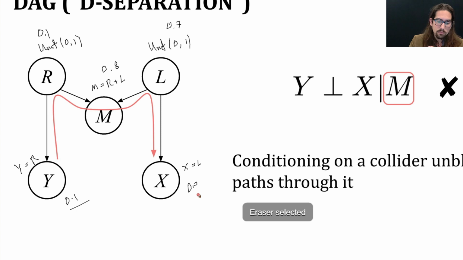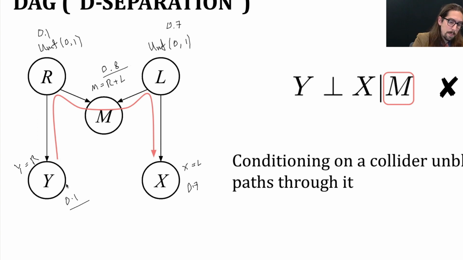However, if I tell you this is 0.1, and then I tell you this is 0.8, then since m is R plus L, and R is 0.1, m is 0.8, so I've conditioned on m, then that tells me that this number here had to be 0.7, and since I know this is the same as that, then this is 0.7.